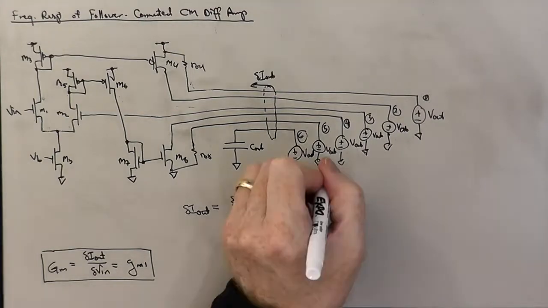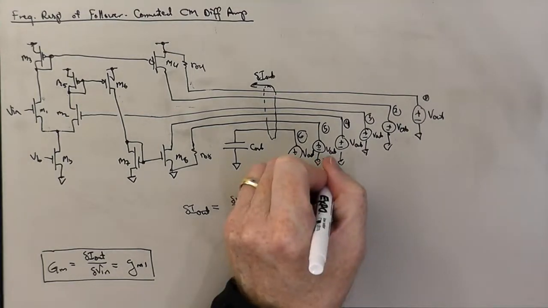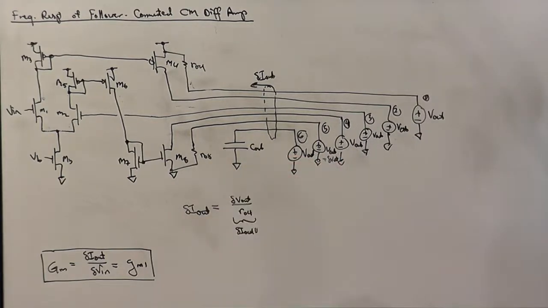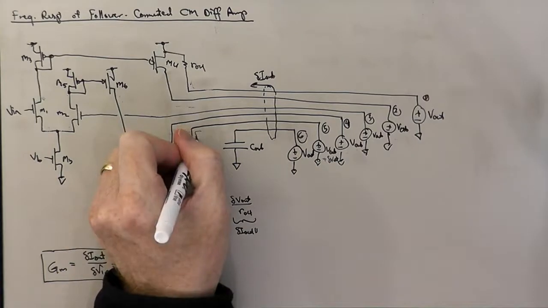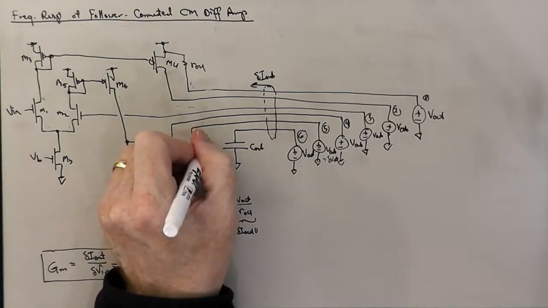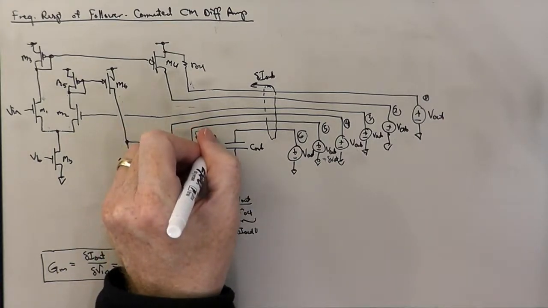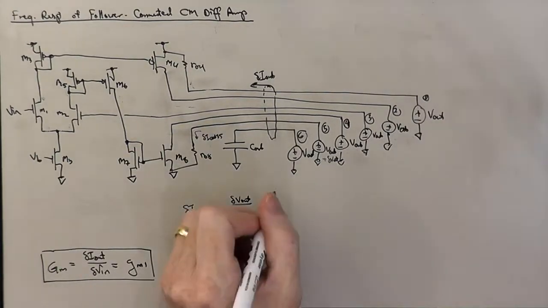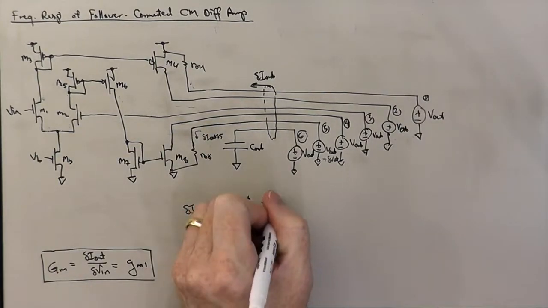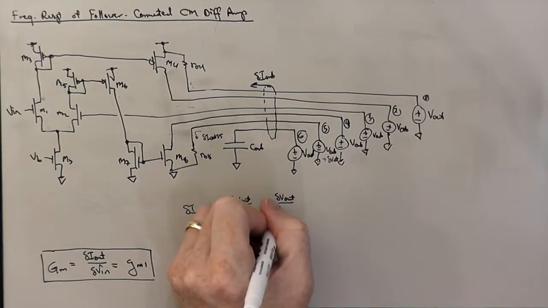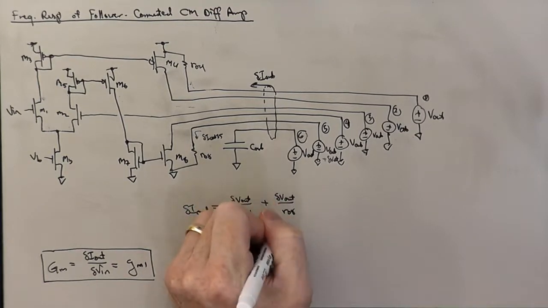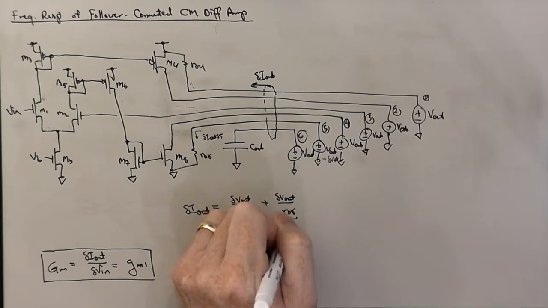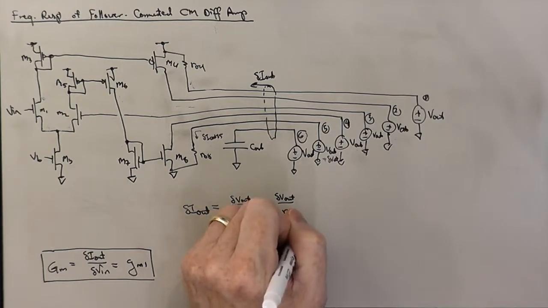Move on to branch 5, delta V out. Well, here we're talking to an early effect resistor, and we have a delta I out 5.5. And that's going to be given again by incremental Ohm's law. So we have a delta V out over RO8. This is delta I out 5.5.